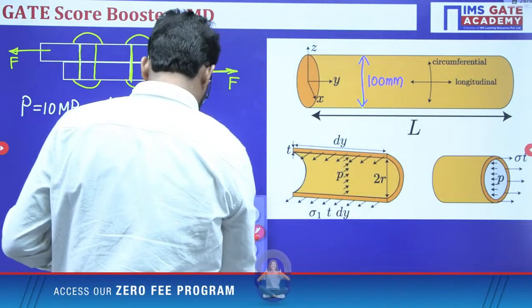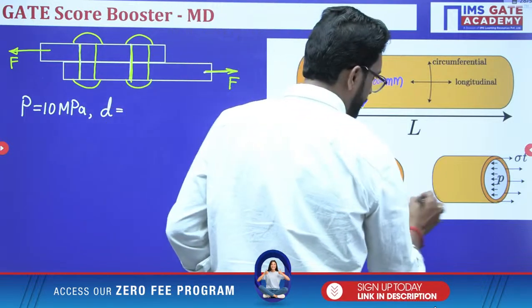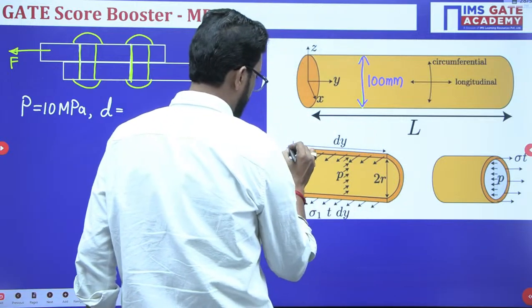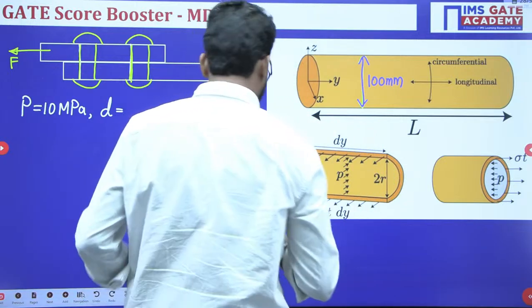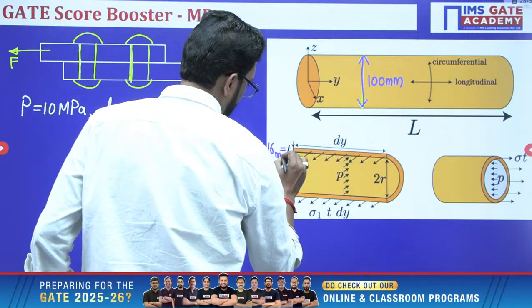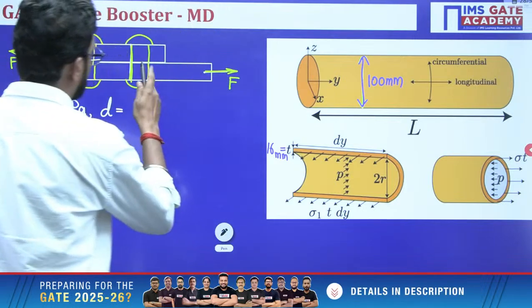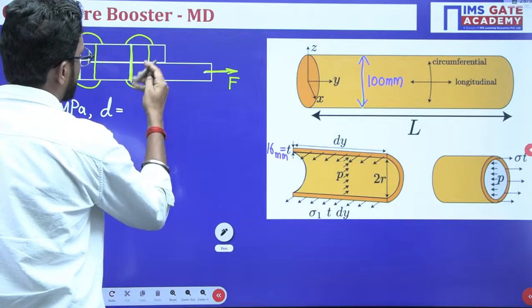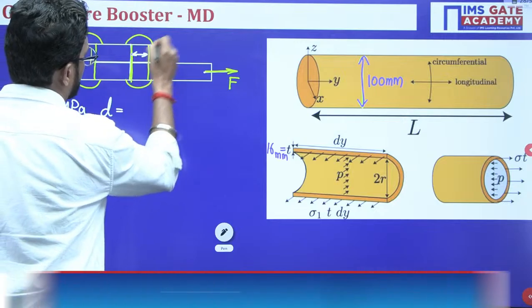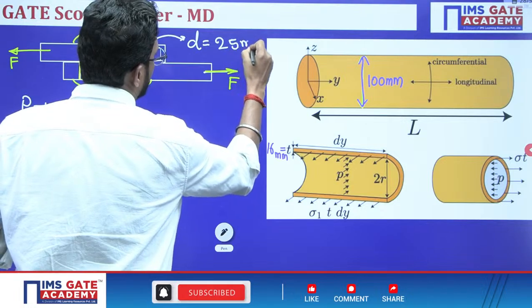The thickness T is given as 16 mm, and this rivet diameter is given as 25 mm.